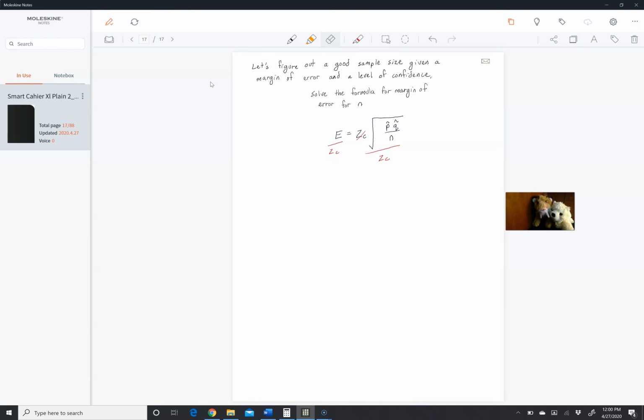Okay, the reason for doing that is that then we isolate the square root. So now what we have is e over our z-score is equal to the square root of p hat, q hat over n. The hat goes on top of the p, which is why it's called p hat.